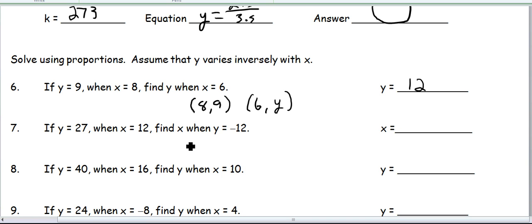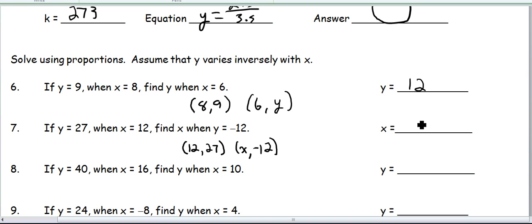Here I have my first coordinate, 12, 27. And then I need to find x. It says find x when y is negative 12. So let's try this out. So 12 times 27 divided by negative 12.